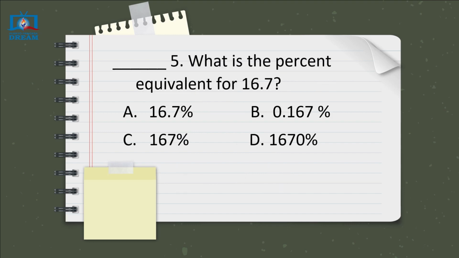Number 5. What is the percent equivalent for 16.7? A. 16.7%. B. 0.167%. C. 167%. D. 1,670%.